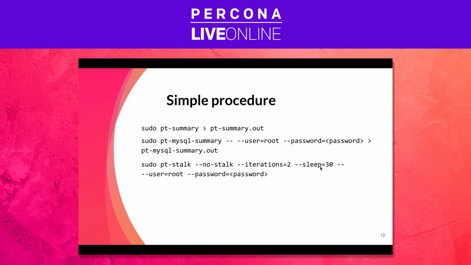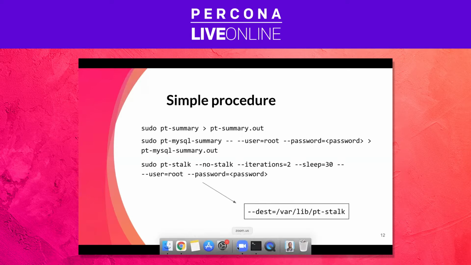The fact that it is sleeping for 30 seconds means the second iteration will start 30 seconds later, but the first one will take approximately 30 seconds to complete. So we will get like 1 minute worth of data here, okay? And this is saved to /var/lib/pt-stalk, but you could change it with this --dest option here, right?